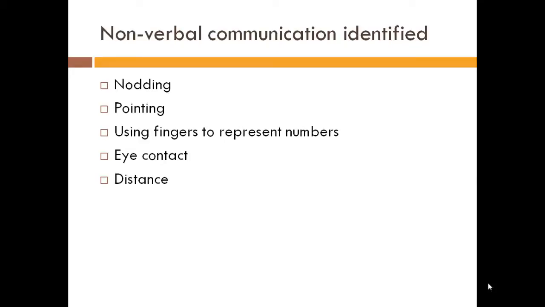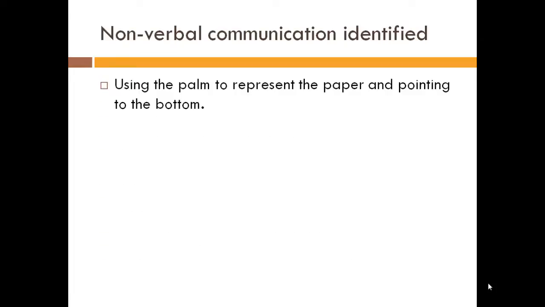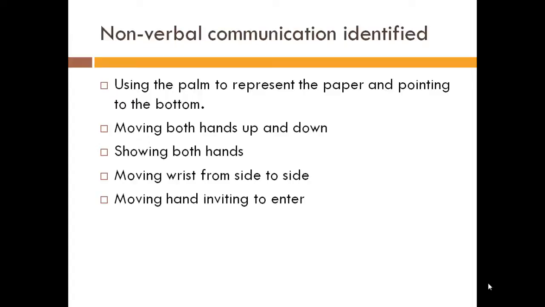They are distance, using their hands to signal a plan, using their fingers to signal something small, using hands to represent a piece of paper. We also have using the palm to represent the paper and pointing to the bottom, moving both hands up and down, showing both hands, moving the wrist from side to side, and moving a hand inviting to enter.